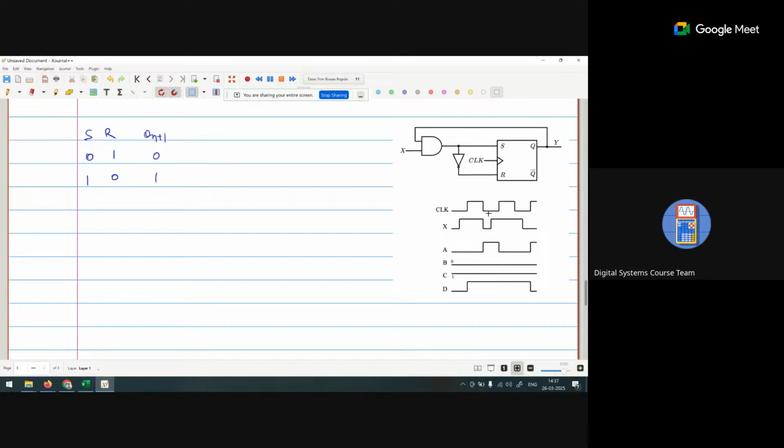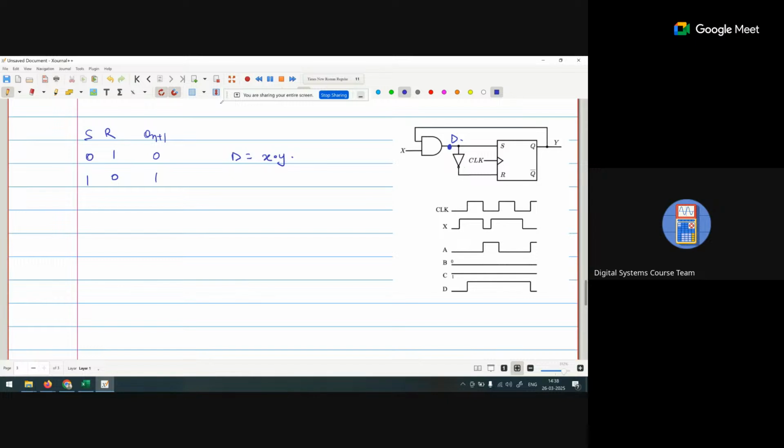So here, if you say that this is a D, D is nothing but X and Y, and Y is what?